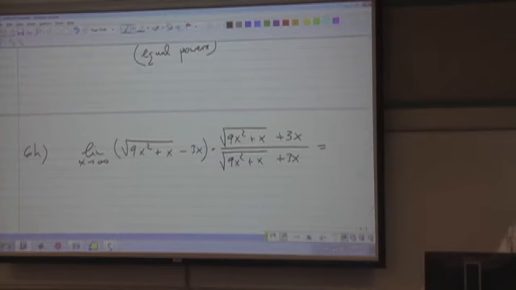And so this becomes the limit as x goes to infinity of 9x squared plus x minus 9x squared divided by the square root of 9x squared plus x plus 3x. Right? The 9x squares cancel out, and then what do we do now?